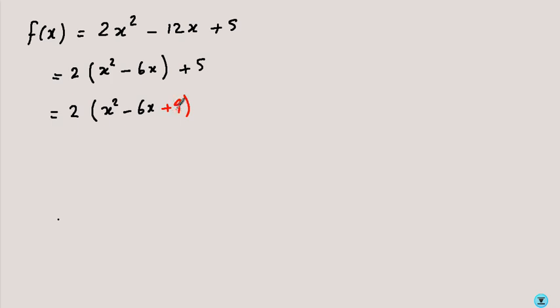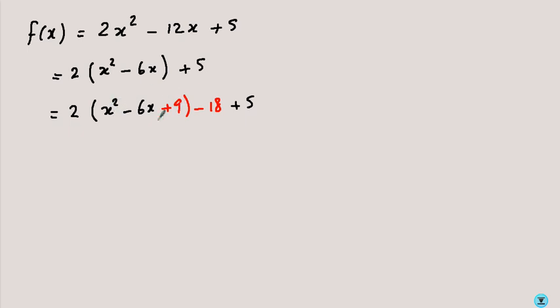We actually added 18. We added a 2 times a 9. So what we should do is subtract an 18. And here's our 5, unchanged. So we added a 9 multiplied by 2, we subtracted an 18, and that means that we did not change this expression at all.